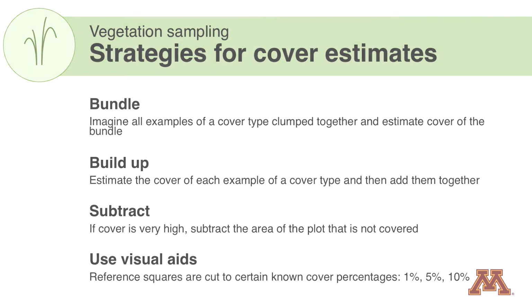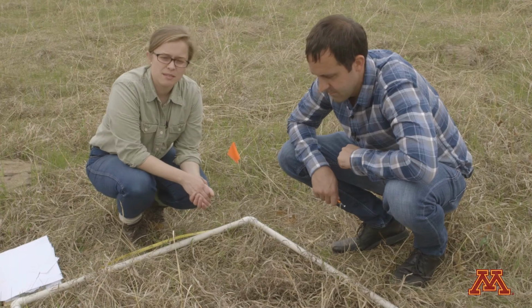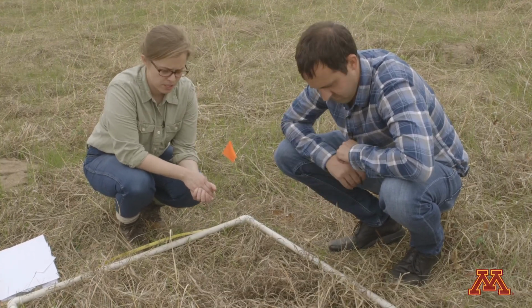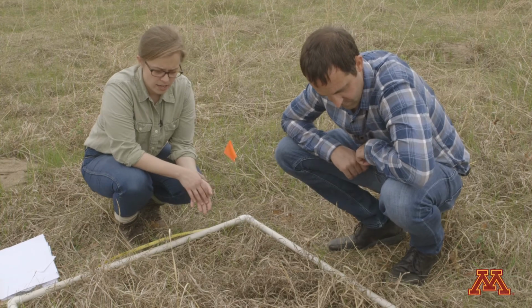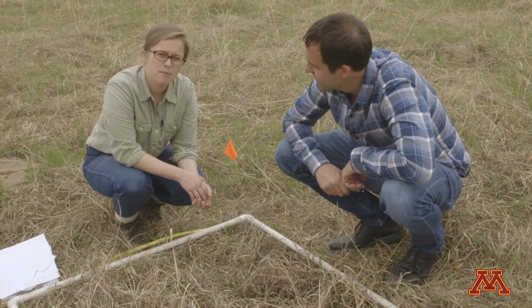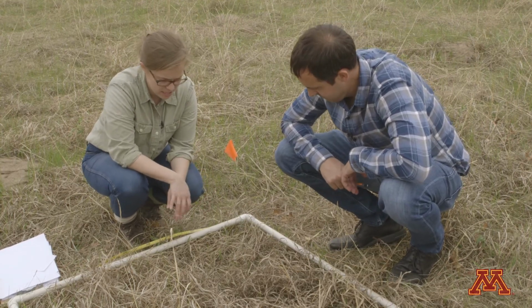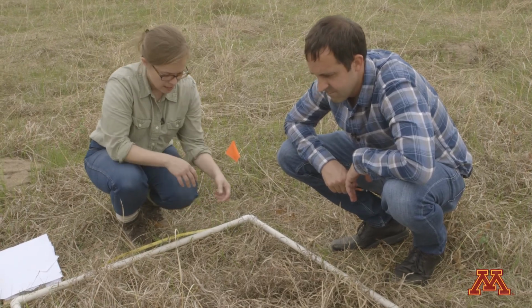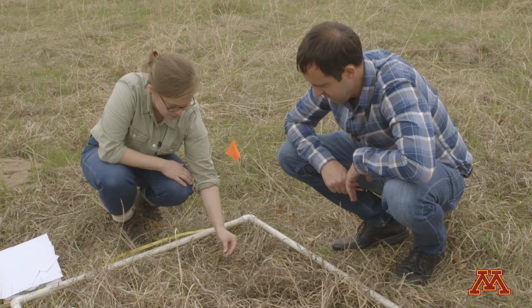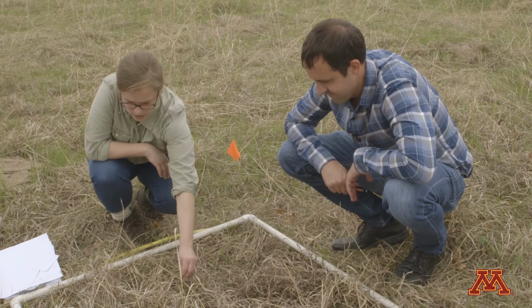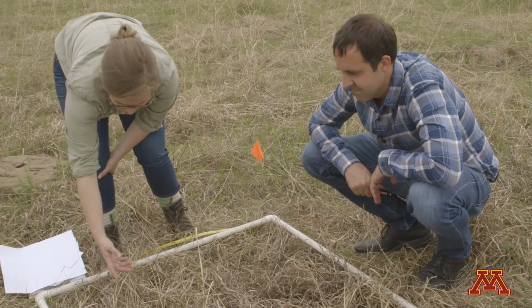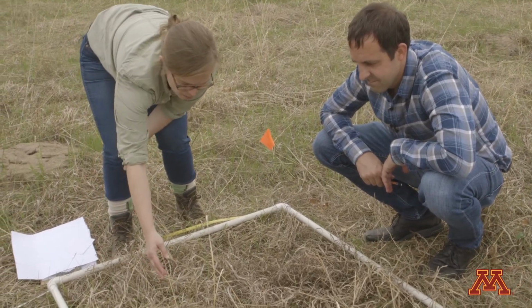So once you've estimated cover of those different functional groups, the cover types, we also want to identify cover of the dominant species. So we want to start out by identifying what is dominant in the plot. And although it's spindly, our Kentucky bluegrass, I think, is actually the most dominant species in the plot.